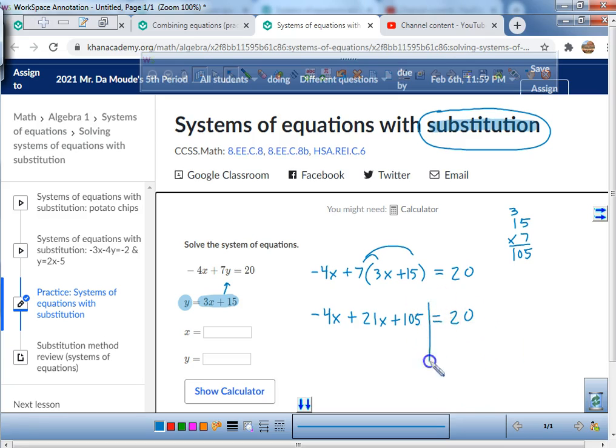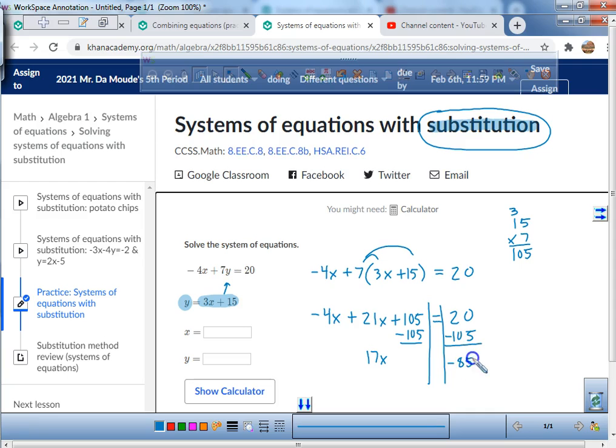Then we're going to combine like terms. Negative 4x plus 21x is a total of 17x. I've got to take away 105 from both sides. If I take away 105 from 20, that's going to leave us with negative 85.